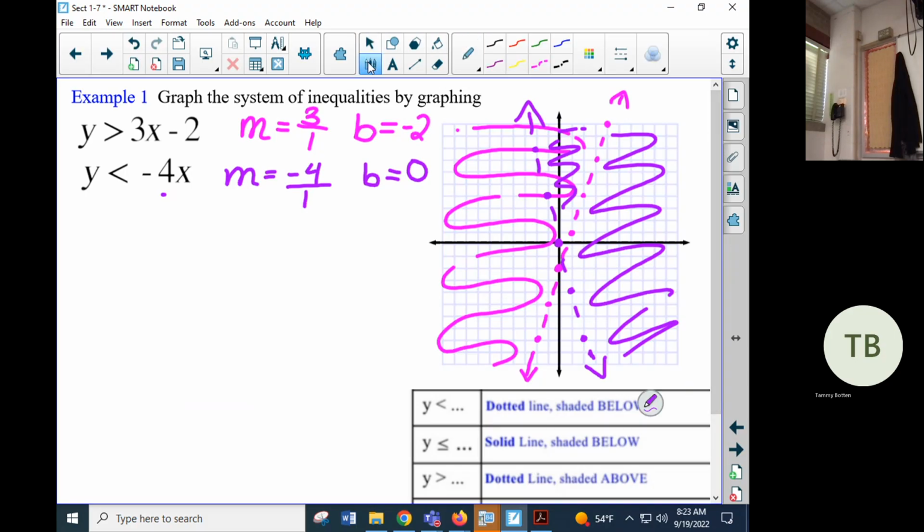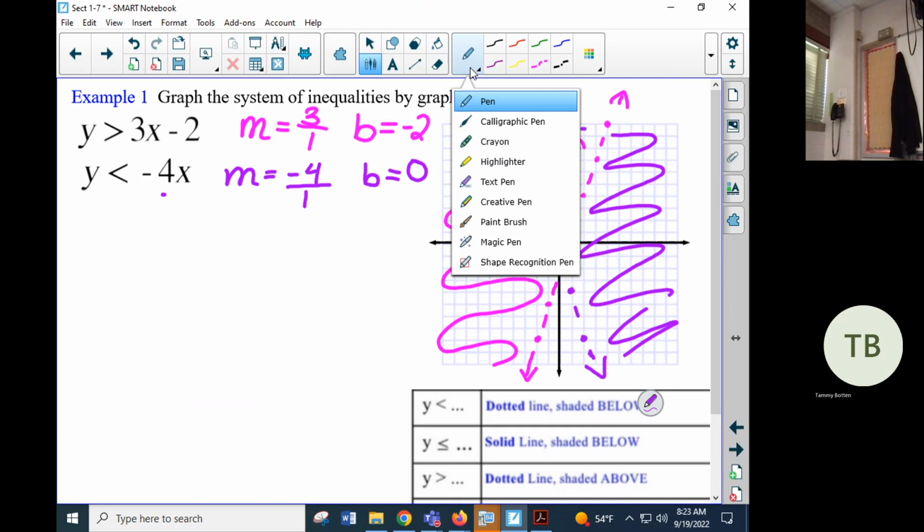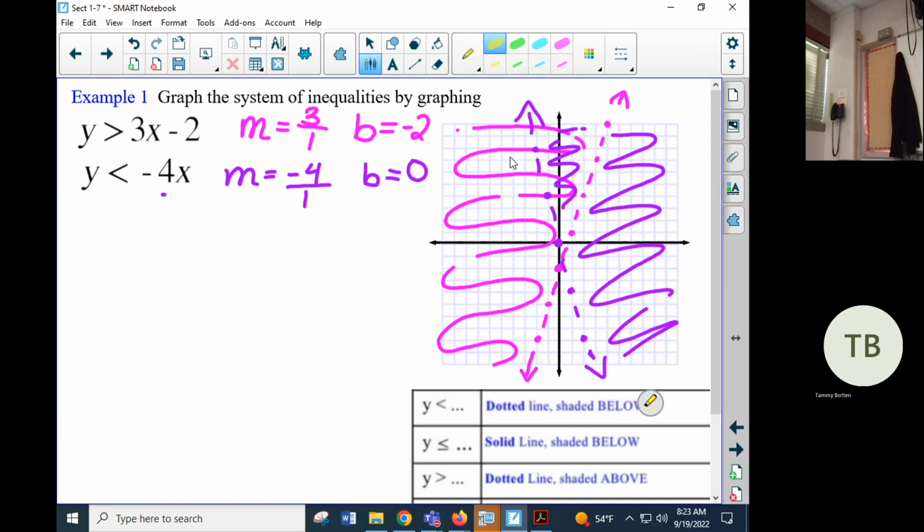I am going to do the highlighter here. Right here is going to be where your shaded region is.